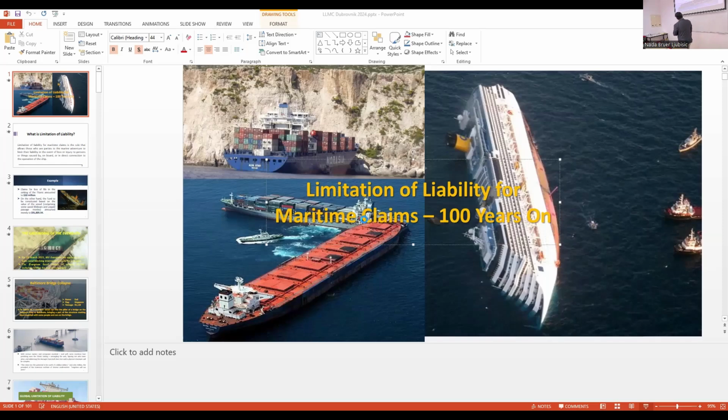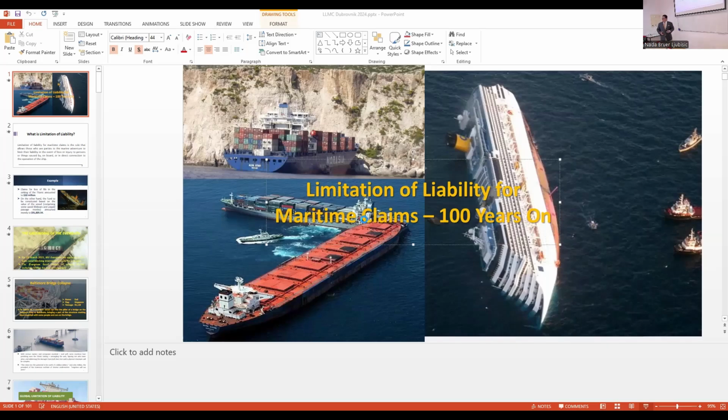Under the 1976 convention, the limit of liability was around 32,185,000. 32 million. Under the 1996 protocol it is 116 million, not 32. It's a huge difference.